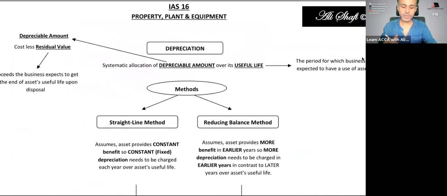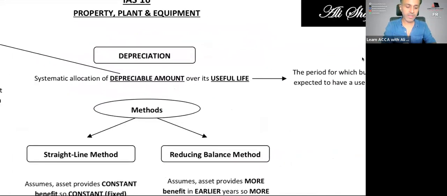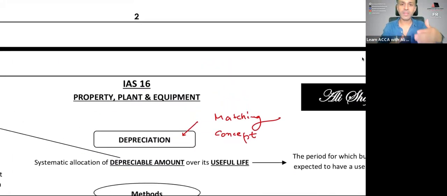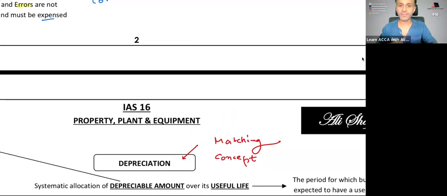Now, depreciation is an application of the matching concept, which requires the cost to be matched with the benefits, that you should match the cost to the benefits in the year to which they are related.